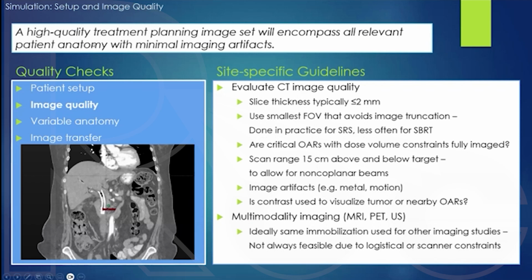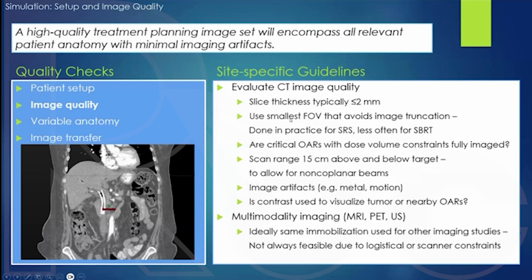Okay, so what are some guidances? And here we're talking about image quality, and a high quality treatment plan in image set will encompass all of the relevant patient anatomy with minimal imaging artifacts. And so as part of this CT image quality check at simulation, we're looking for slice thickness that is typically under 2 millimeters.